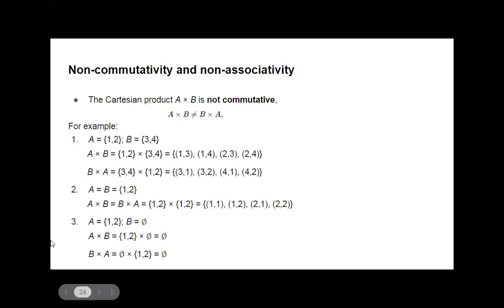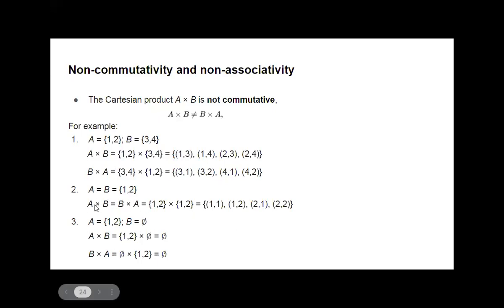Okay, then if the two sets are equal, A is equal to B is equal to {1, 2}. Both these sets are equal. Then what are the exceptional cases?